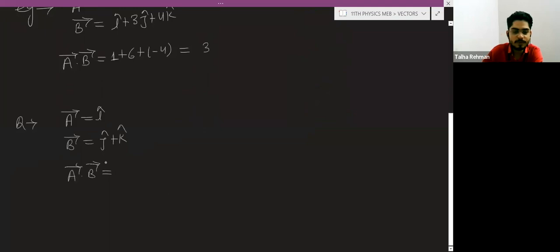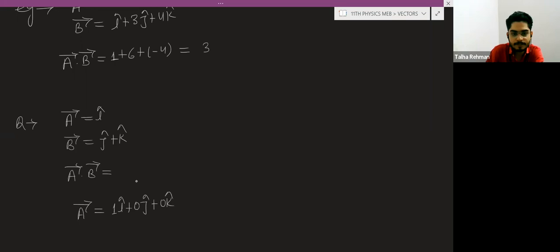So here now what you have to do, here the coefficient of I cap is 1, and the coefficient of I cap here is 0 now. See now. So A vector can be written as 1 I cap plus 0 j cap plus 0 k cap.